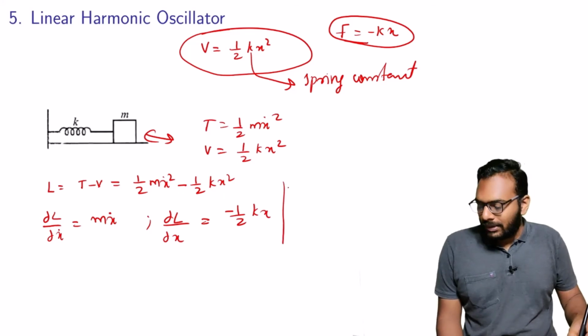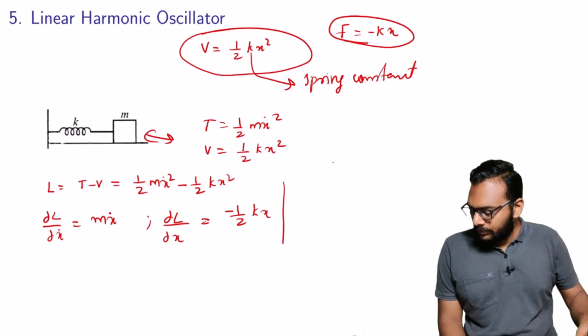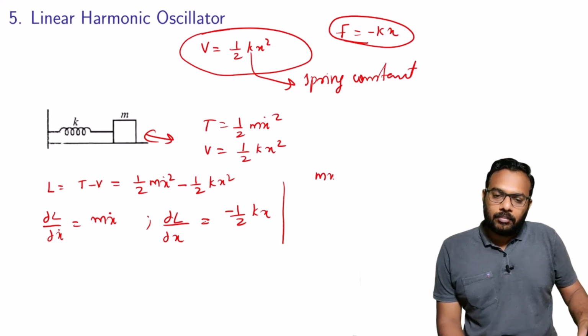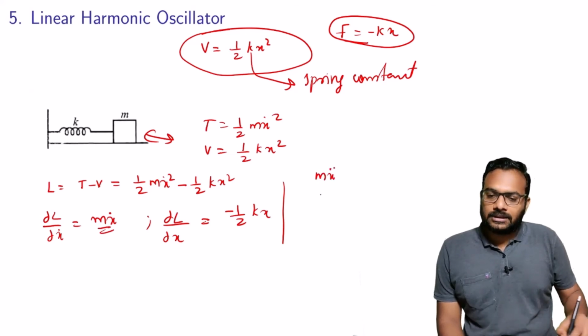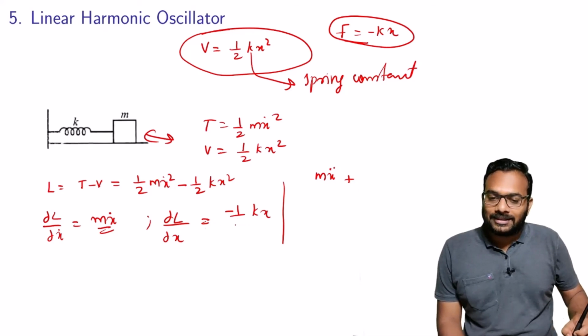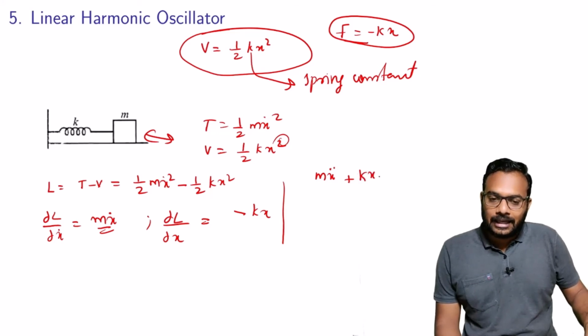Just combine this and write the equation of motion. You get m x double dot, taking d by dt of this, plus kx, because dou L by dou x is minus kx. The half is gone because there's a square here. I'm sorry about that. So m x double dot plus kx is equal to 0.